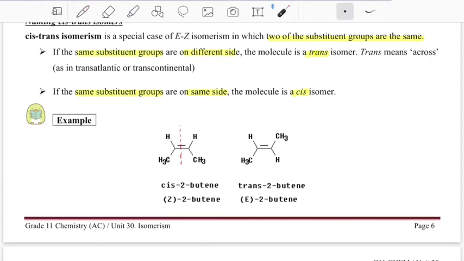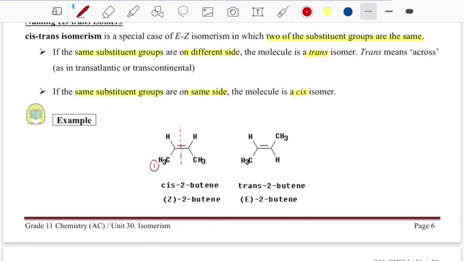On the left-hand side, we compare the atomic number of the atom directly attached to the carbon of the double bond. On the left-hand side, we have hydrogen and we also have carbon. Hydrogen's atomic number is 1, carbon's atomic number is 6.